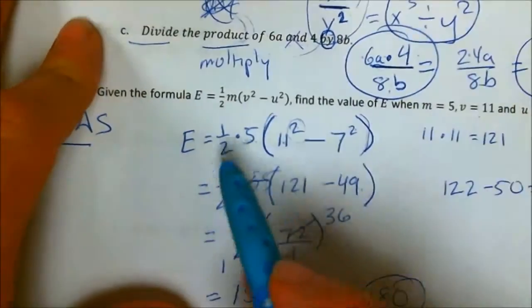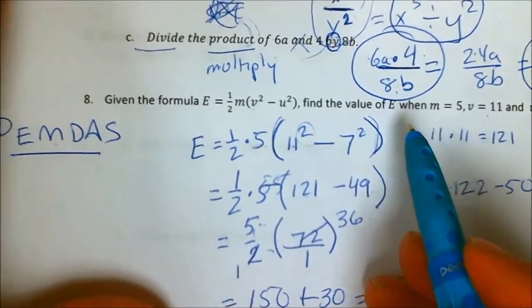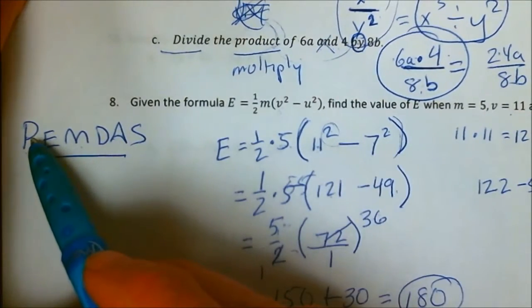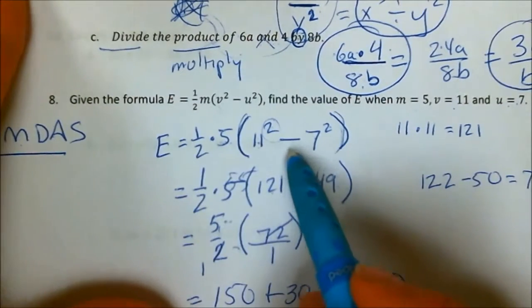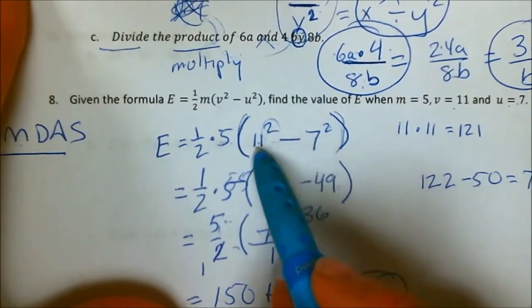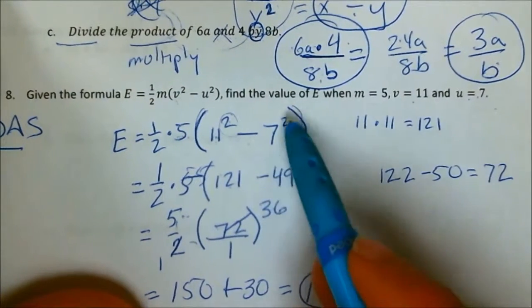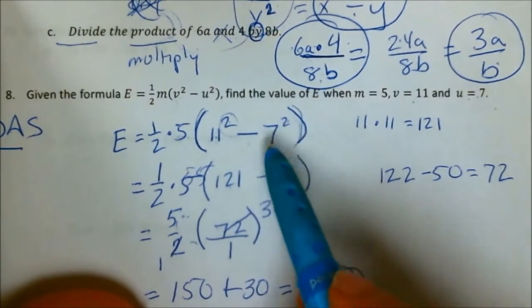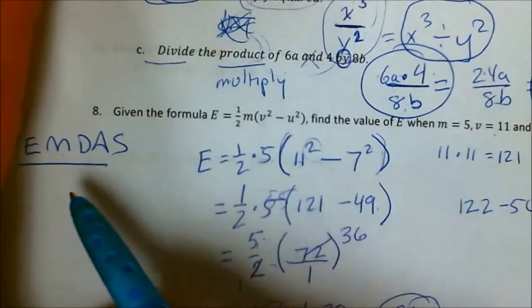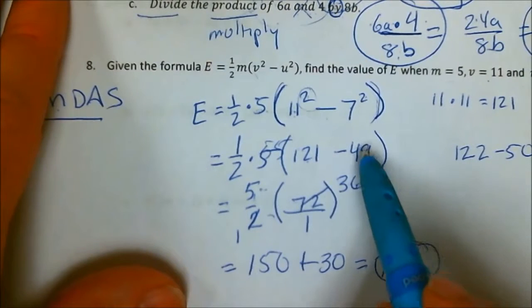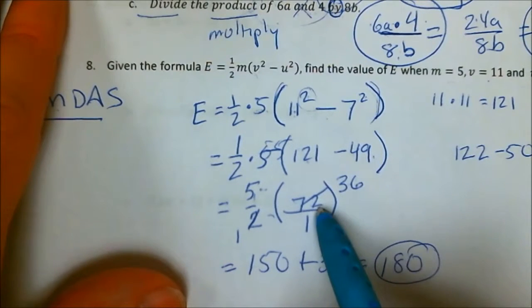See how I very carefully did these things in order? Okay. I did the stuff in the parentheses first, because that's what it says. Before I could do subtraction, though, I had to do the exponents. So I did the exponents first. 121 minus 49. Once I did the exponents, I'm still working within the parentheses, I subtracted and got 121 minus 49 is 72.